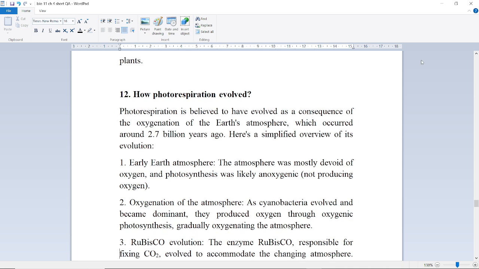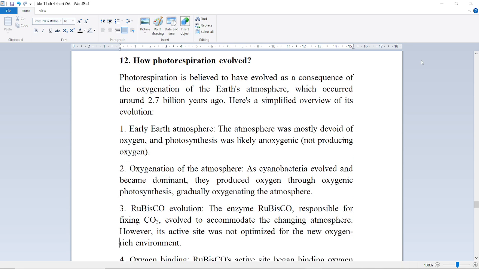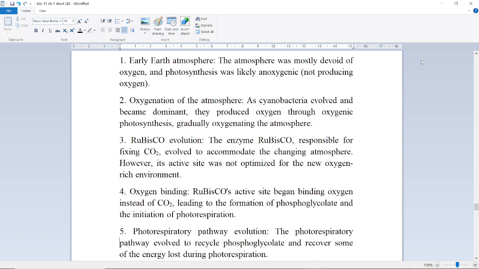Next question is, how photorespiration evolved? Photorespiration is believed to have evolved as a consequence of the oxygenation of the Earth's atmosphere, which occurred around 2.7 billion years ago. Here's a simplified overview of its evolution. Early Earth atmosphere.